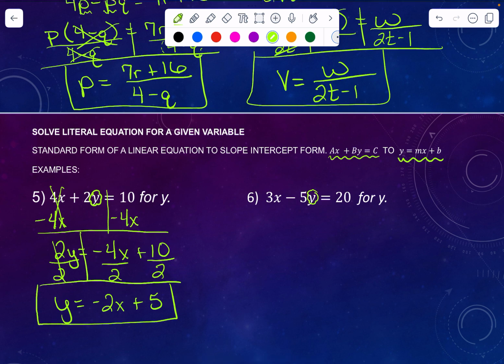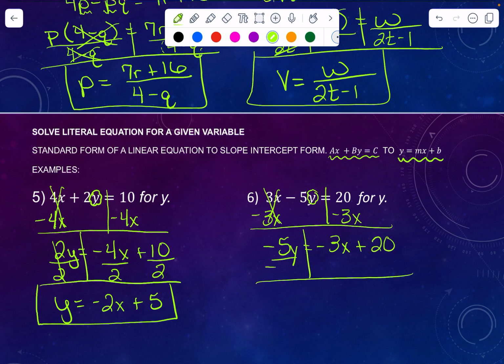Again, I want to solve it for y. So I'm going to start off, I'm going to minus my 3x. And notice I like to put my x in the front because that's how slope-intercept is written. Then I'm going to divide that by a negative 5.